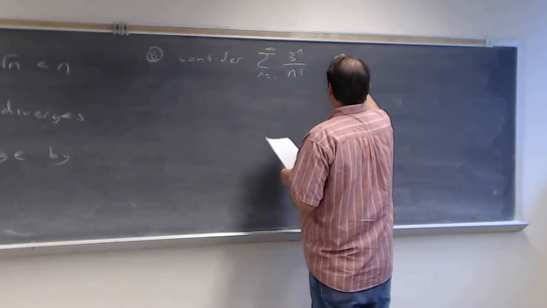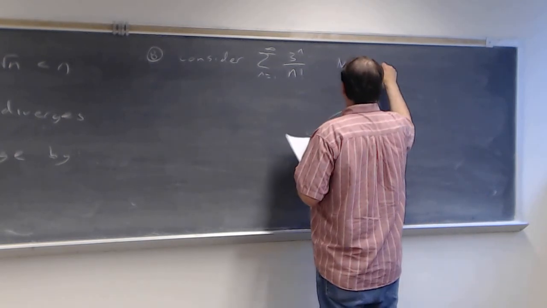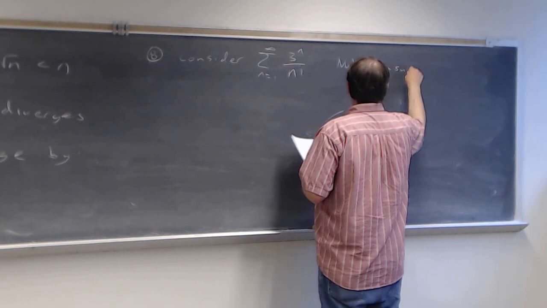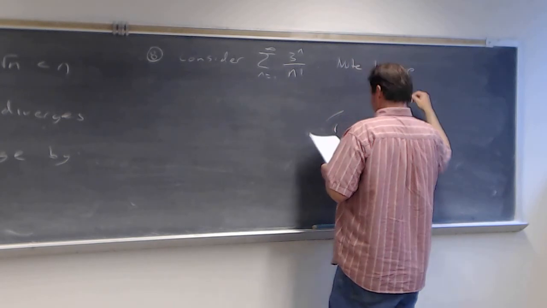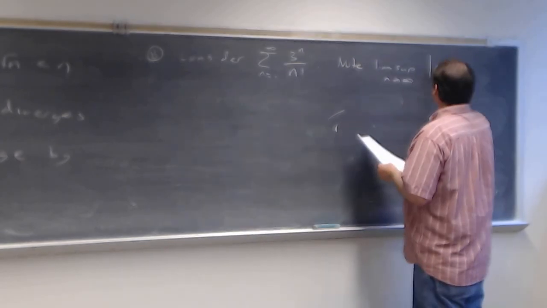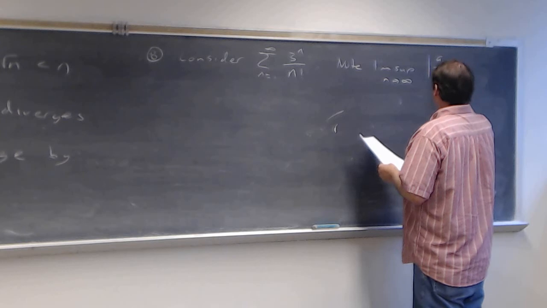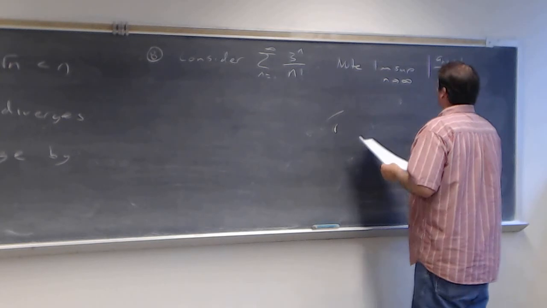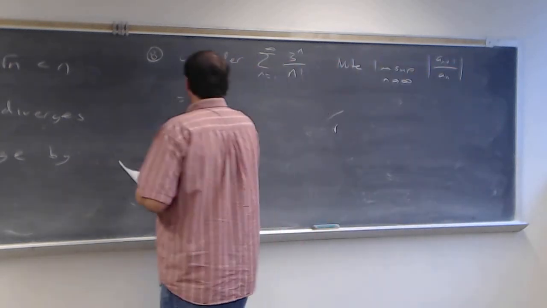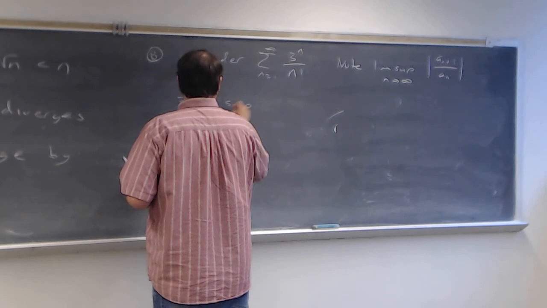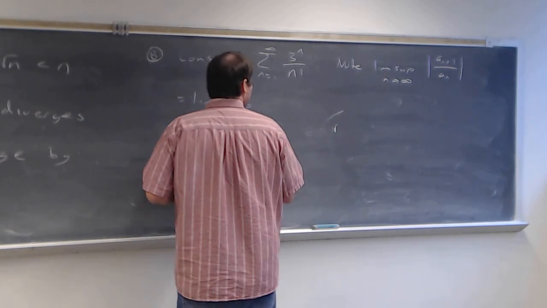That's what I'm going to look at here. I'm going to say note the lim sup as n goes to infinity of a sub n plus 1 over a sub n is really equal to the lim sup as n goes to infinity.